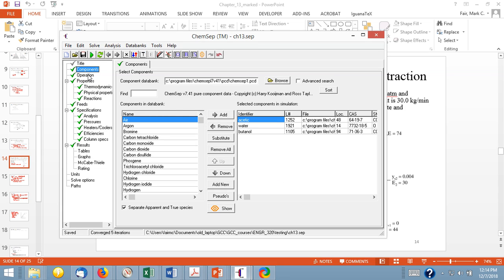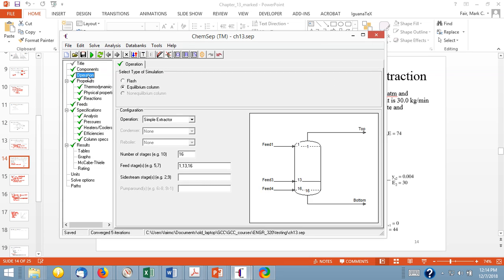Once we've done that, let's look at the type of operation that we're going to carry out. In our case, we're going to use a simple extractor.